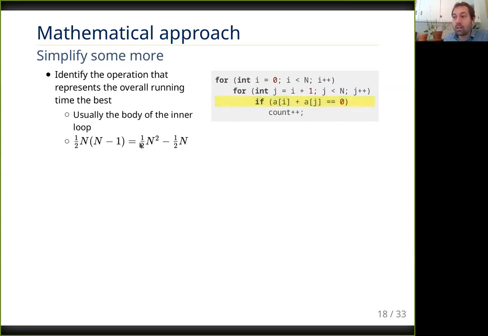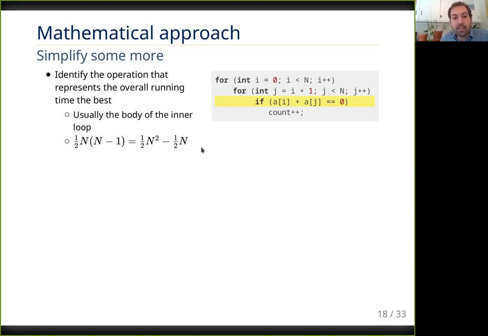We saw that the frequency for this statement was half of n times n minus 1. If we expand this expression, we have half of n squared minus half of n.